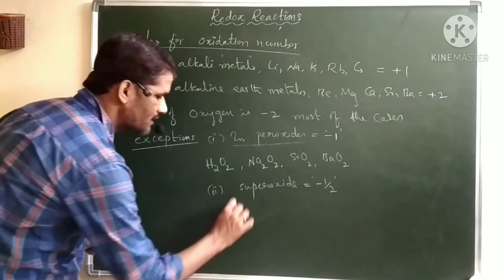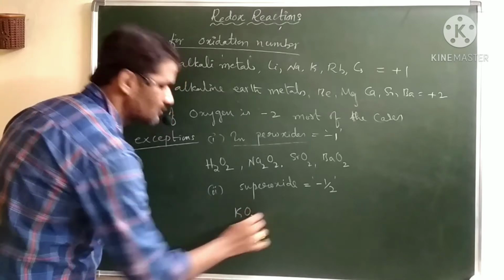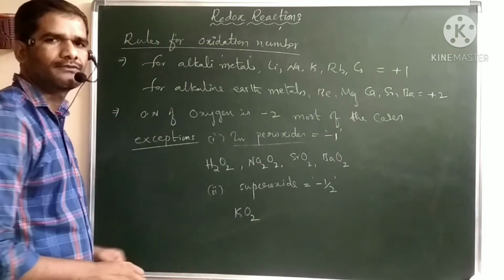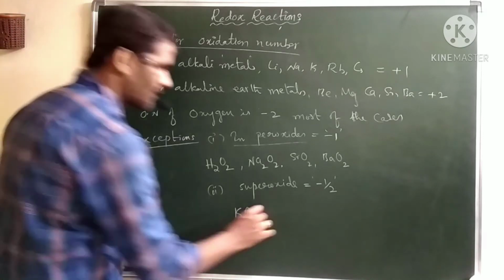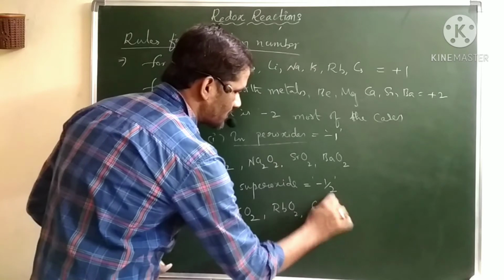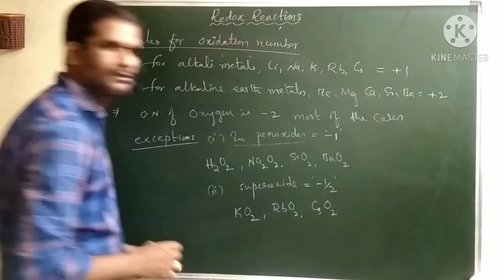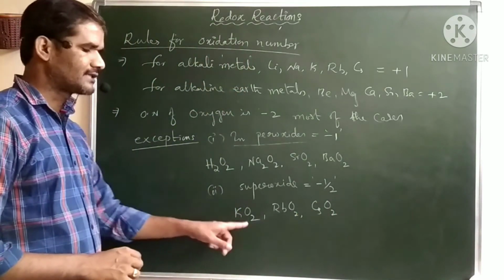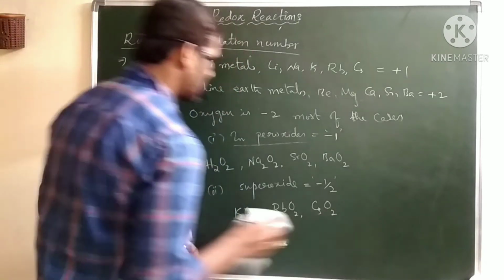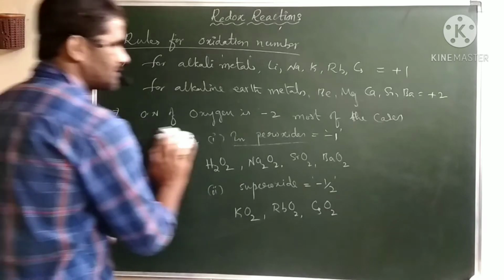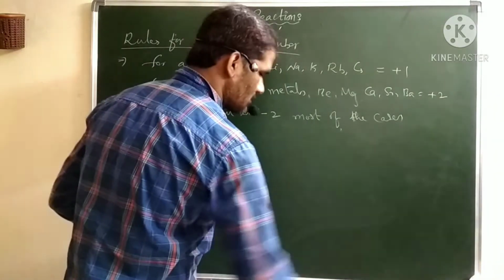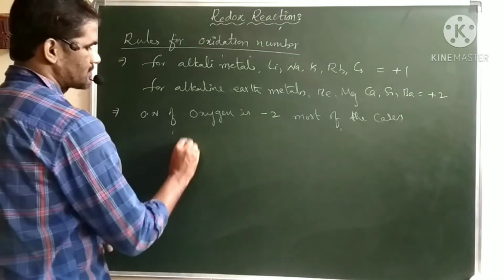Let us take some superoxides: potassium superoxide, where the oxidation state of oxygen is -1/2, and rubidium superoxide and cesium superoxide. These are some superoxide molecules, and in these cases oxygen has oxidation state -1/2. Next, other exceptions for oxygen. Ozonide is the third exception.